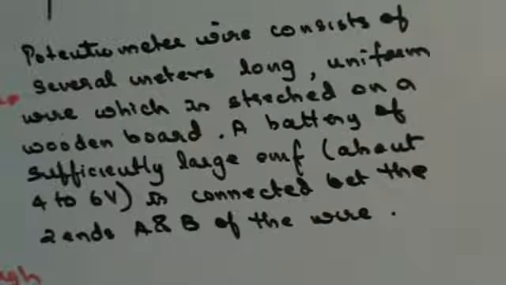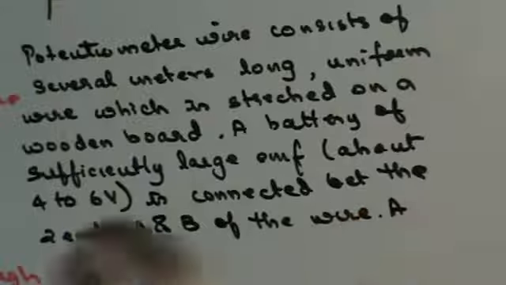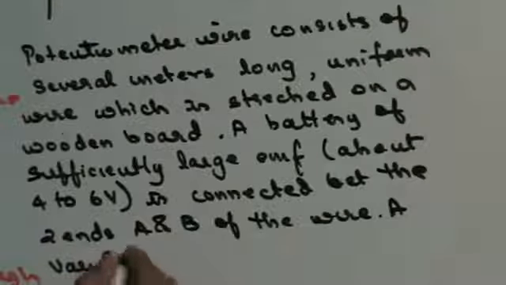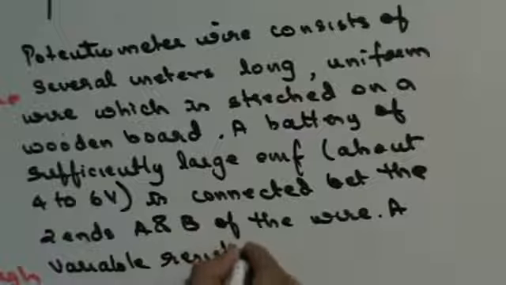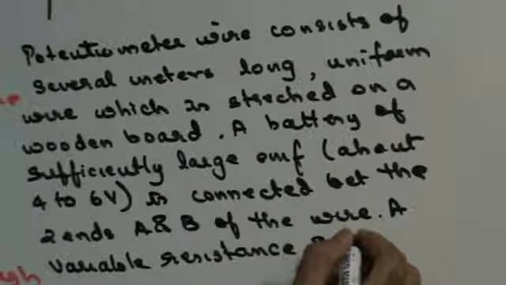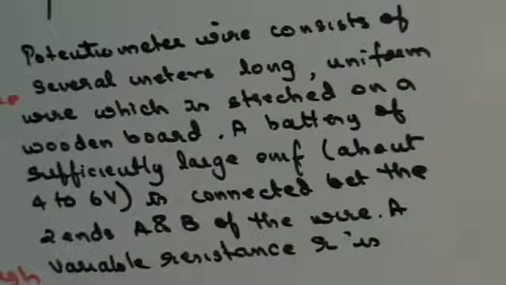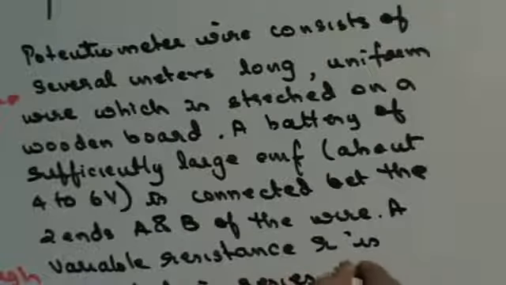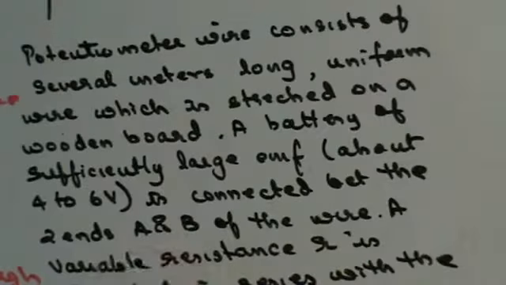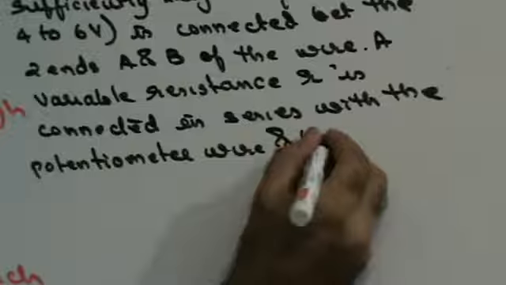A variable resistance R is connected in series with the potentiometer wire and battery.